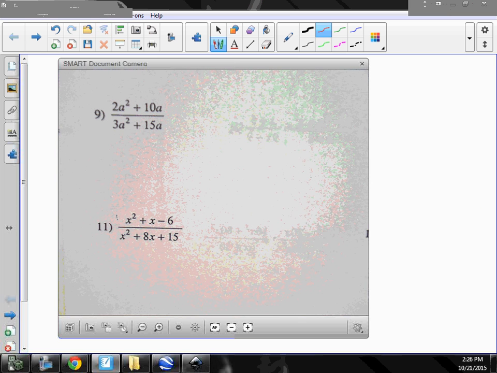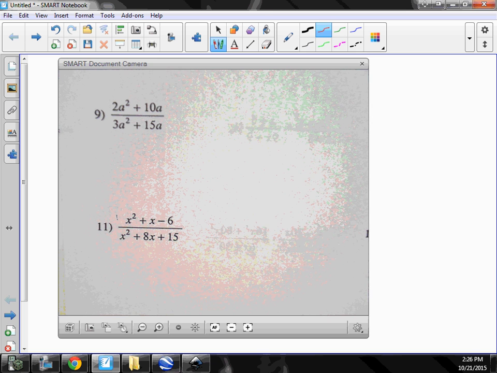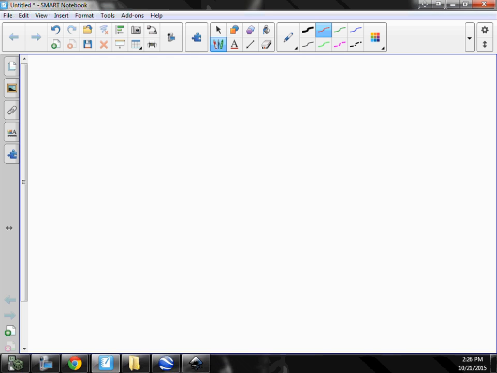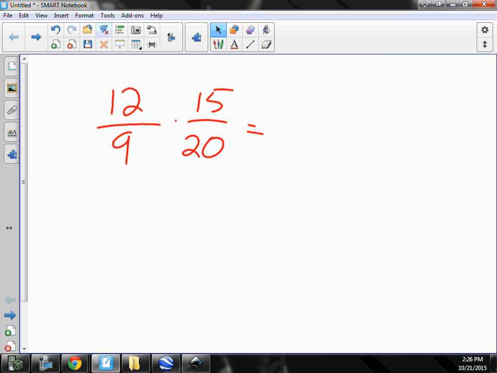Okay, before we turn to the backside, let's consider something. What if I had 12 over 9 times 15 over 20? If you were to solve this, here's how you don't do it.